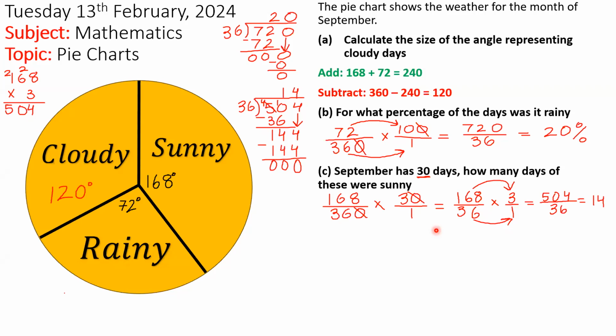Then you times 168 times 3, which is 504, and 36 times 1, which is 36. And then you divide 504 into 36, which is 14.